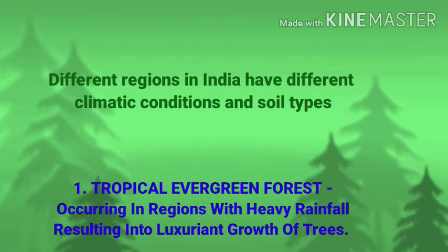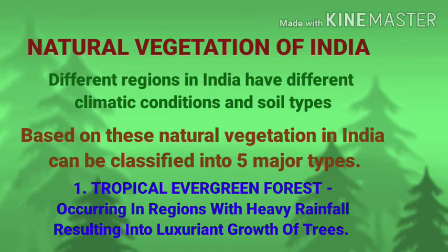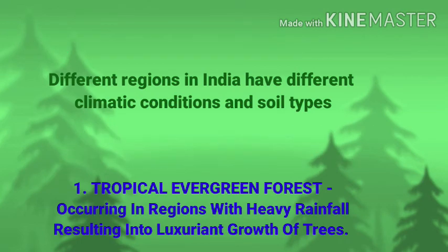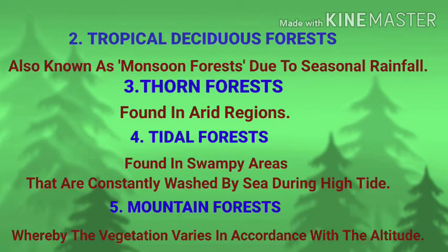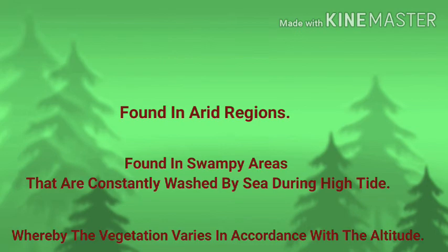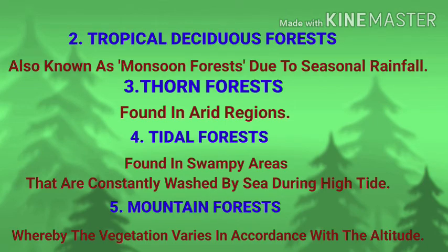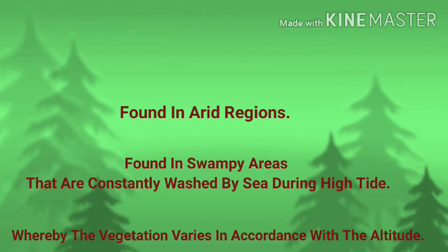These include the tropical evergreen forests, also known as the equatorial rainforests, which occur in regions with heavy rainfall and support luxuriant growth of trees. The second type are the tropical deciduous forests, also known as monsoon forests due to the seasonal rainfall in these regions. Then we have the thorn forests, which are found in the arid regions of the Indian subcontinent.